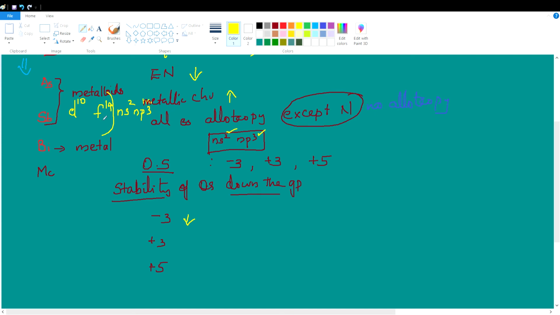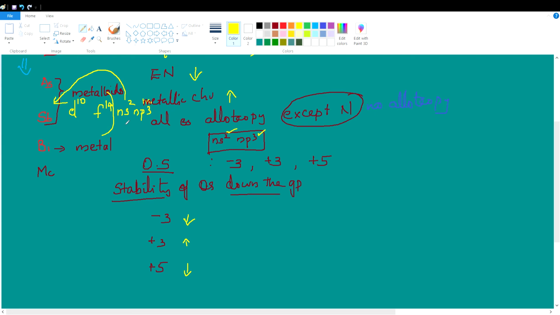Because of this, the ns electrons are more attracted to the nucleus than the p electrons, so they are not easily removed. In heavier elements of the group, only the p electrons are removed. That means the stability of the +5 oxidation state decreases down the group, while the stability of the +3 oxidation state increases.